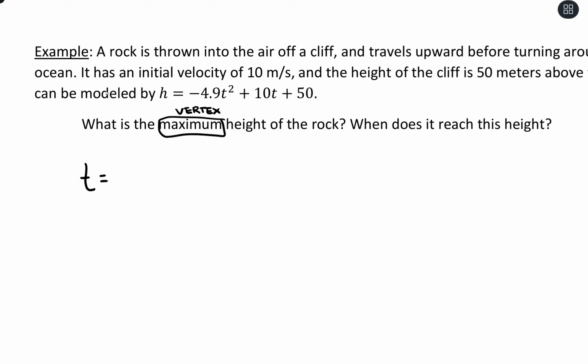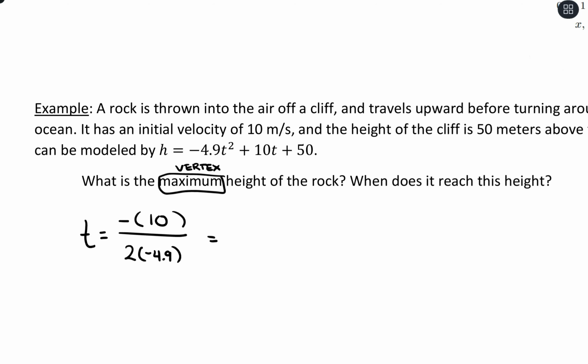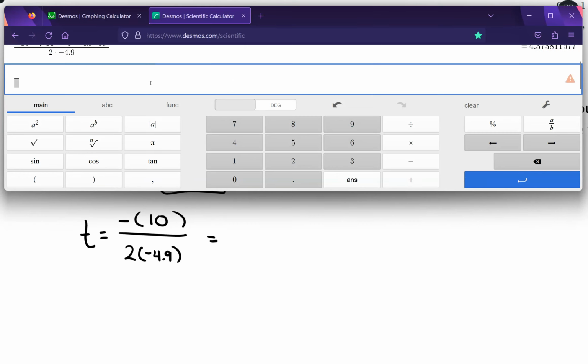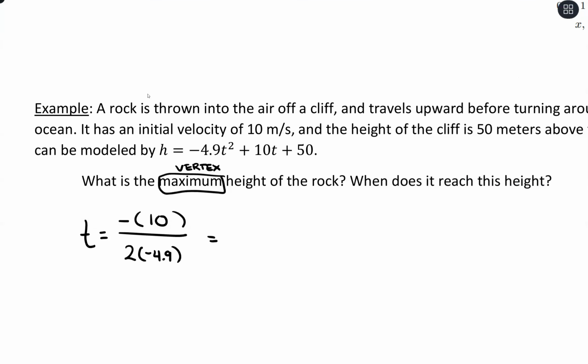I want to find the vertex, which is negative b over 2a, which will be negative 10 divided by 2 times negative 4.9. Let's solve for that in Desmos. So negative 10 divided by 2 times negative 4.9 is about 1.02.